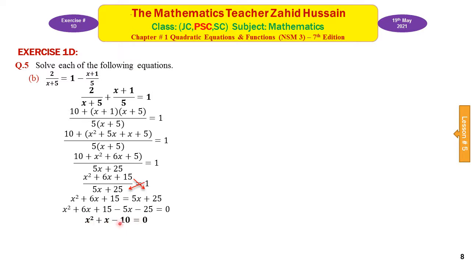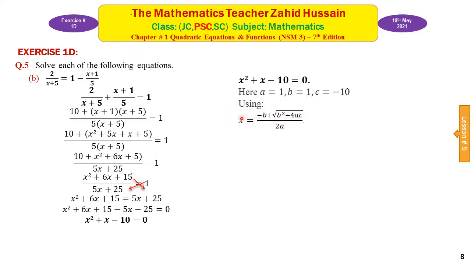This equation cannot be solved by the factorization method because we cannot make factors of x square plus x minus 10. So we will solve this by using the quadratic formula. For the quadratic formula, we need the values of a, b and c, which are 1, 1 and minus 10. Use these values in the quadratic formula, which is x is equal to minus b plus minus square root of b square minus 4ac over 2a.